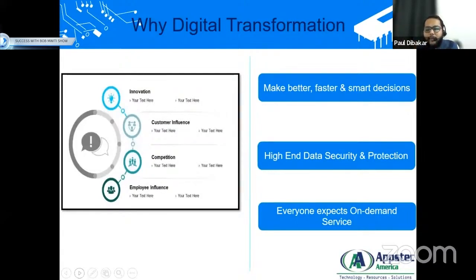And the third would be that everyone expects faster and on-demand service in today's world. Now, today's customers, let's say internal or external customers, expect the same kind of experience in their professional life as they have in their personal life with all the technologies, considering your Google Maps, your Uber cab booking and all those things, right?